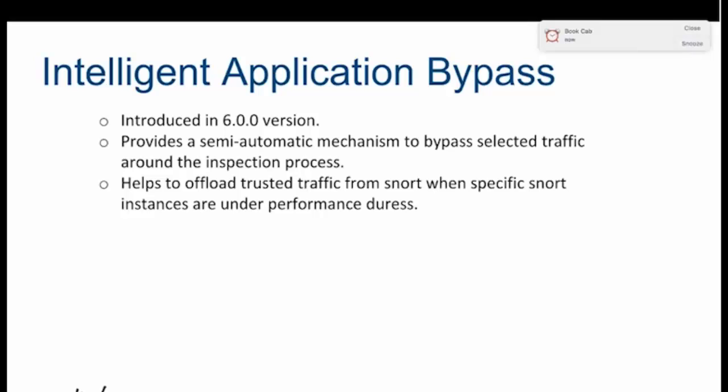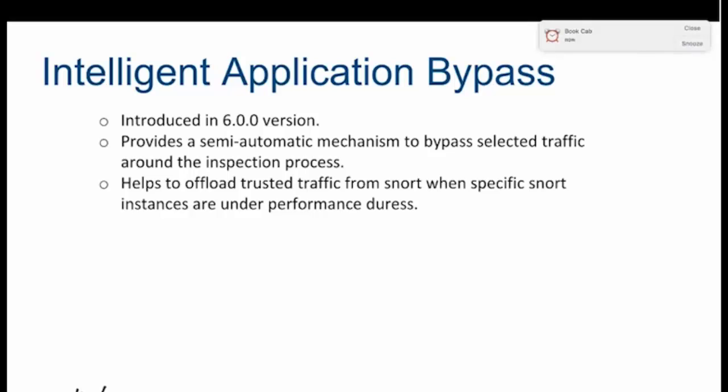This feature was introduced in version 6.0. When traffic comes to the detection engine, Snort, we usually see high CPU on the detection engine, and we need to figure out what kind of flow and what rate of traffic is causing the bottleneck.